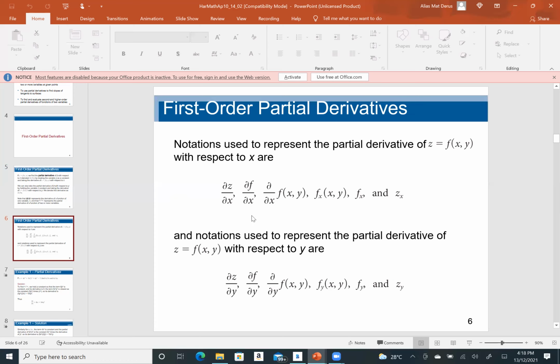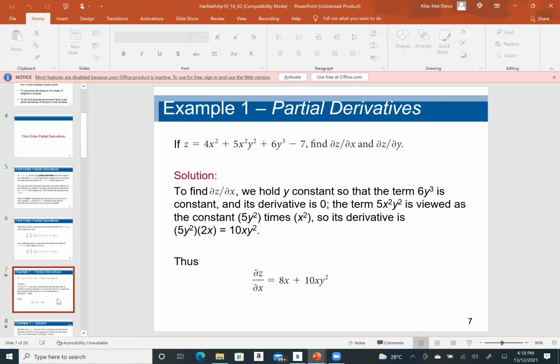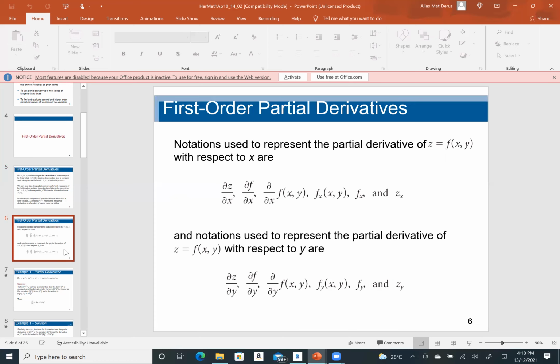Now, these first partials are also functions of x and y. Therefore, you can differentiate further. You can differentiate fx. That is what you call the second partial. It's just like the second derivative.